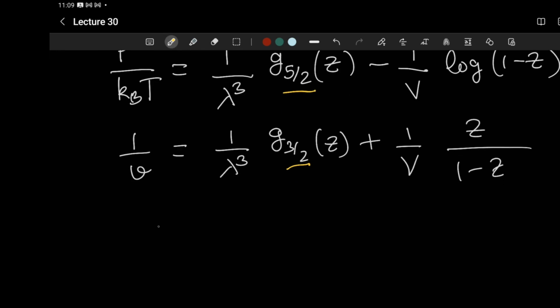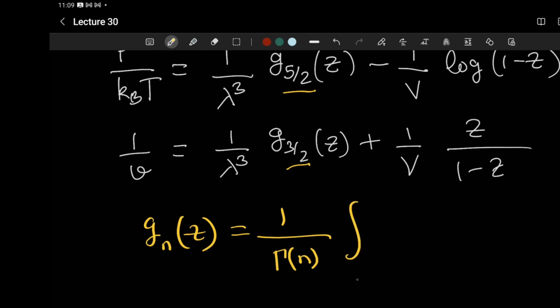And so Gn of z is this integral: 1 by gamma of n, integral 0 to infinity dx x power n minus 1. Is it e power minus x or e power x? Okay.